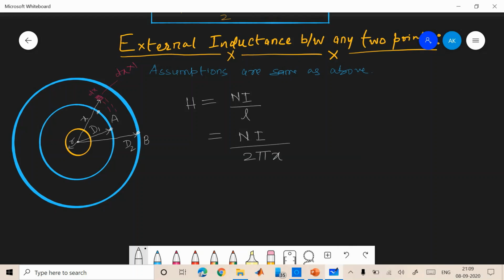In earlier case, we have taken that small area dx cross 1 inside the cross section of the conductor. Therefore your Ix was lesser than I, okay, but here we are going to write external inductance between 2 points A and B, which is outside the radius of the conductor or cross section of the conductor. Okay, so the magnetic field effect outside the conductor will be because of the total current I. Hence here there will be no Ix term, only I term.